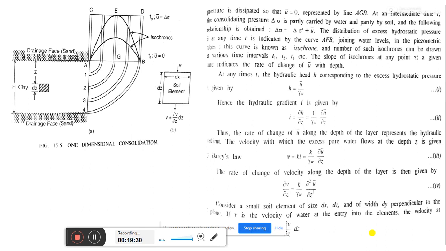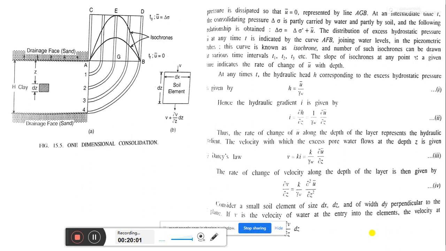At time t0, the instant of pressure application, the whole of the consolidating pressure delta sigma, that is the incremental pressure or stress, is carried by the pore water, so that the initial excess hydrostatic pressure u0' is equal to delta sigma.